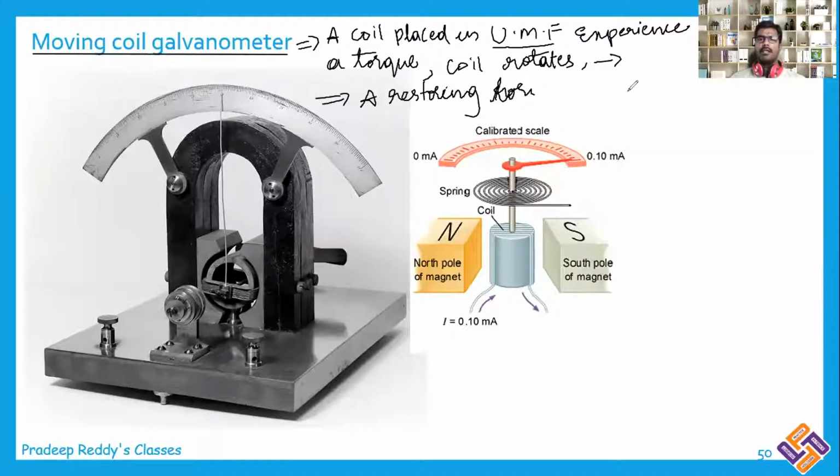A restoring torque is also applied in the construction of a moving coil galvanometer. Okay, so that is the principle of constructing a moving coil galvanometer.